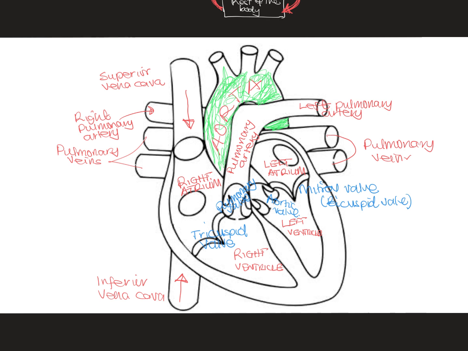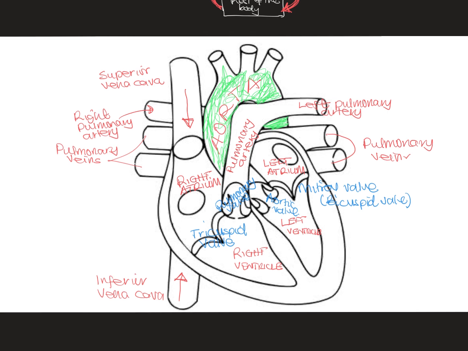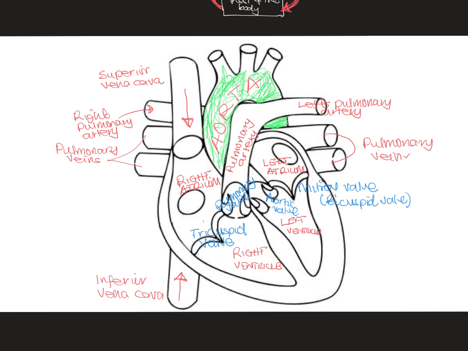Now I want you to understand this. The tricuspid valve and the mitral valve are called the atrioventricular valves, while the pulmonary valve and the aortic valve are called the semilunar valves.